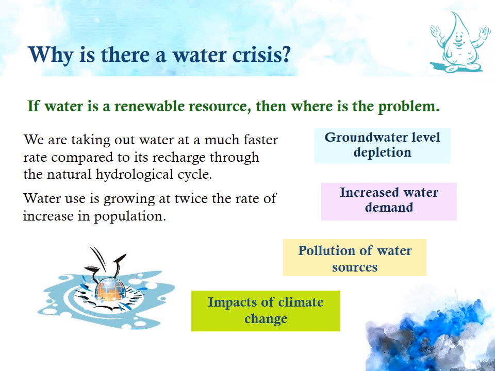We are taking out water at a much faster rate compared to its recharge through the natural hydrological cycle, which leads to increased groundwater depletion. Many existing water sources like ponds, rivers, and lakes are polluted by garbage dumping or sewage water.